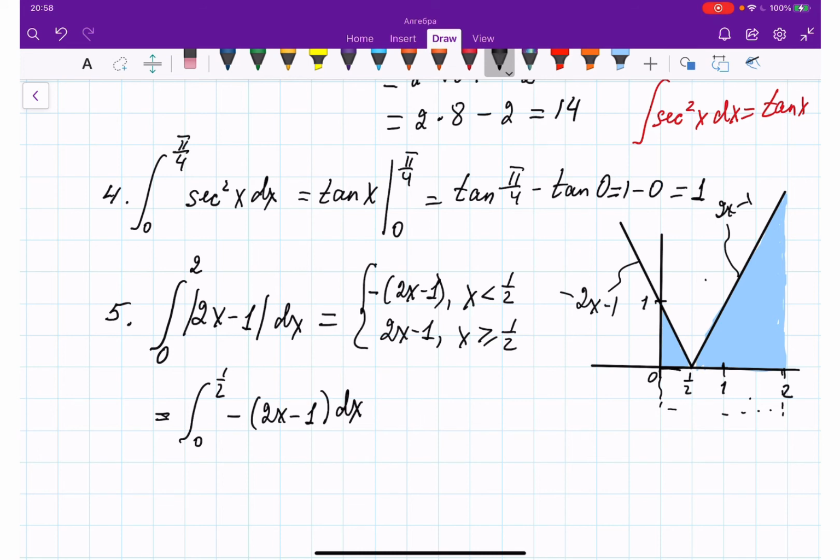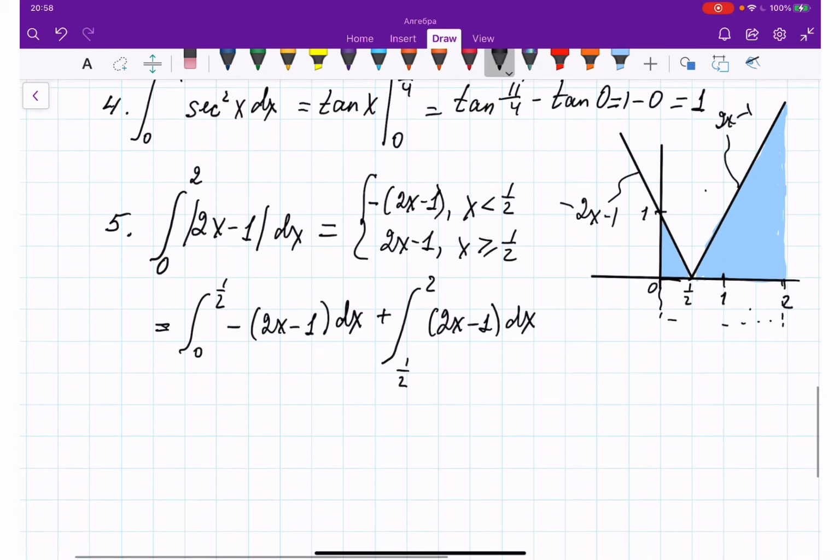Yes? Therefore, we are getting this. So from 0 to 1/2, negative 2x minus 1 dx plus, guess from where it's going to start? You are right, from 1/2. And now it will go all the way till 2. And it's going to be positive 2x minus 1 dx.